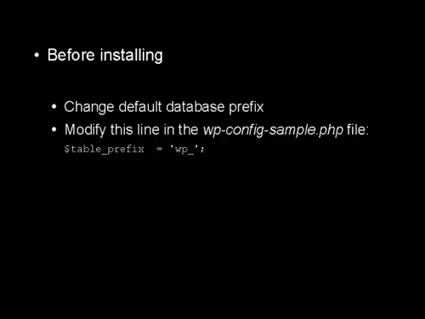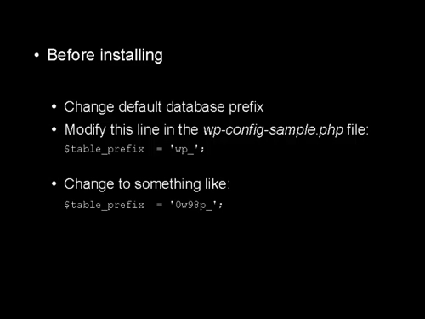And you can easily do this by modifying this line here in the wp-config-sample.php file. What you want to do is where it says $table_prefix = 'wp_'; you want to change it to something that's a bit more complex.